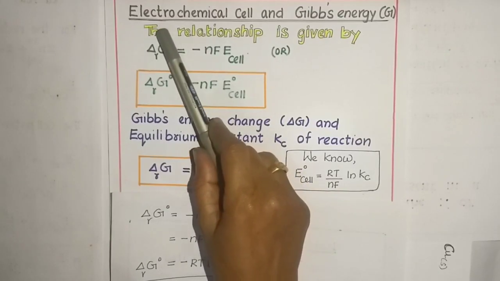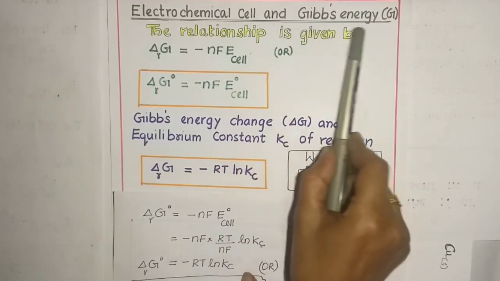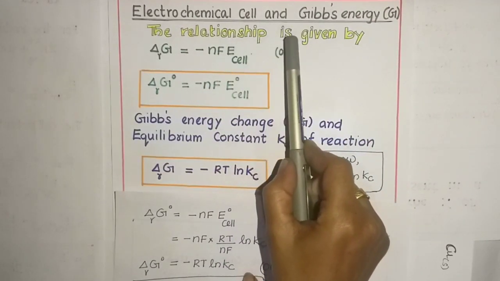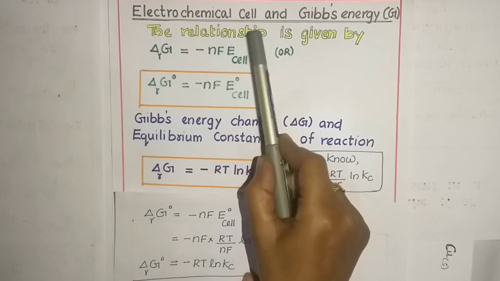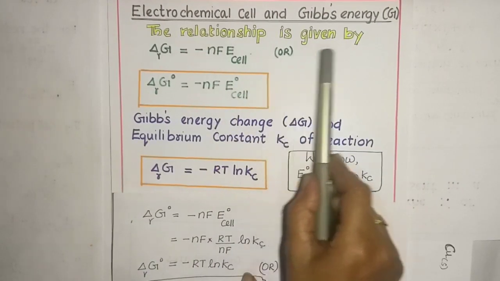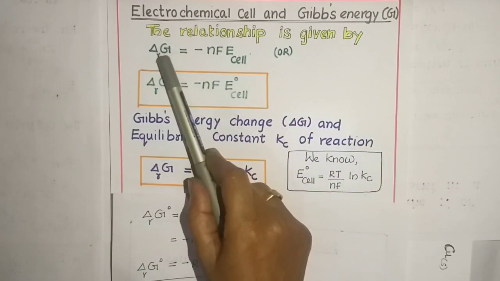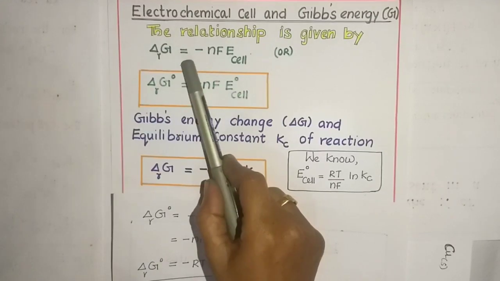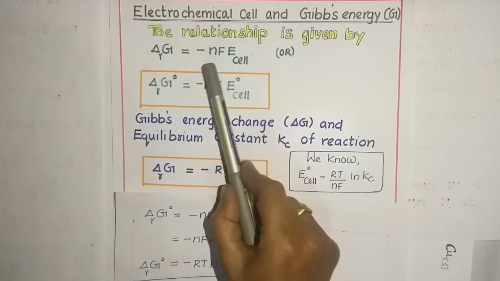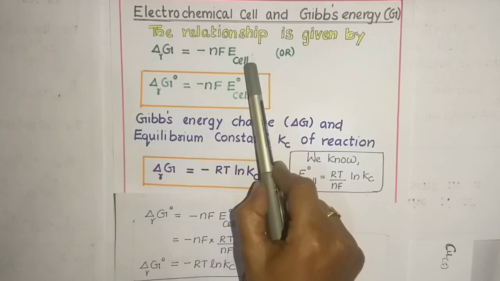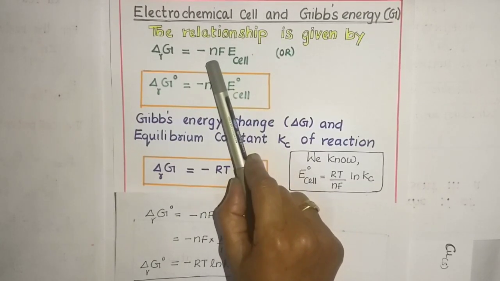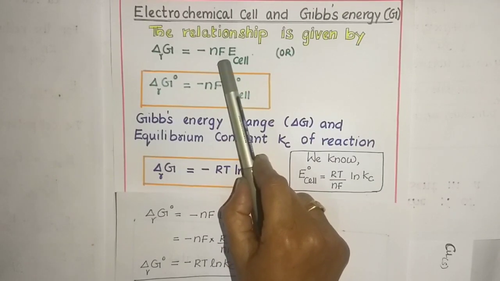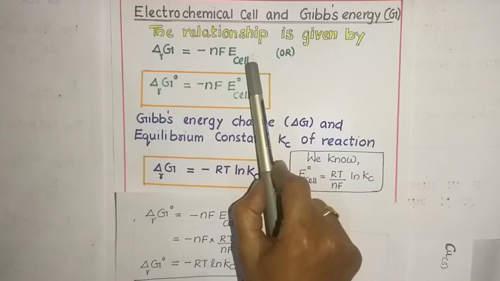Next, the relationship between the Gibbs energy change and the cell potential of an electrochemical cell. The relationship is given by: change in Gibbs energy of a reaction is equal to minus nF E cell, where n is the number of electrons involved in the redox reaction, F is Faraday's constant, E cell is the cell potential.